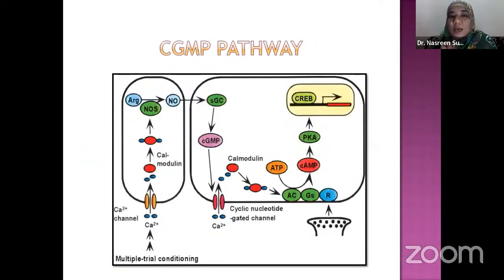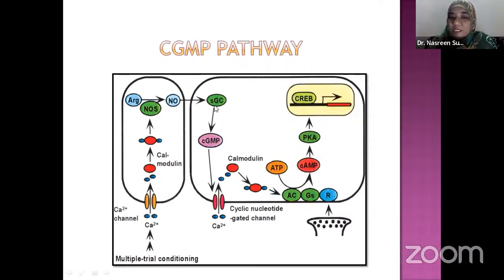The last one is you are having cGMP pathway. So in the cGMP pathway, what happens is, you see from here, when there is nitric oxide, it is going to activate guanylyl cyclase, just like how adenylyl cyclase is activated, PLC is activated. In the same way here, guanylyl cyclase, GC, will be activated.